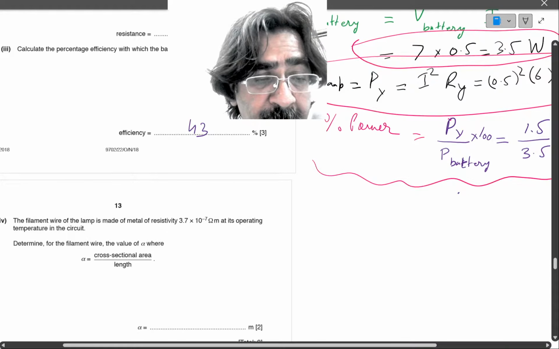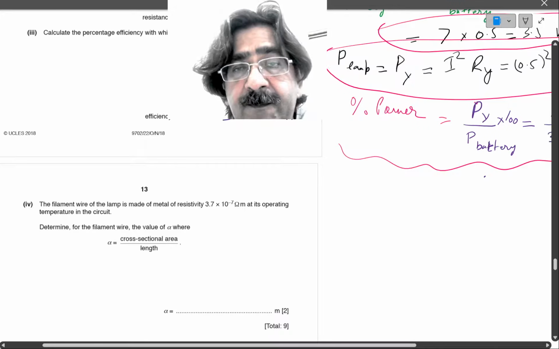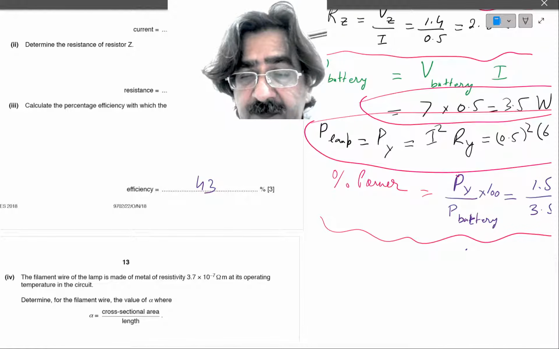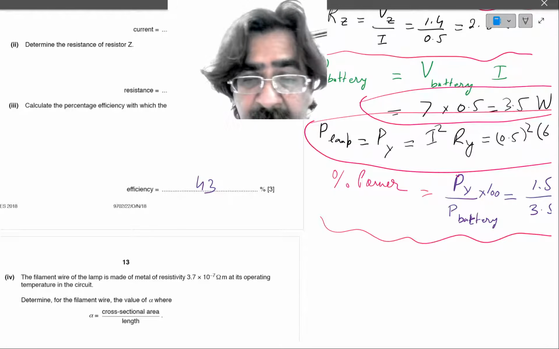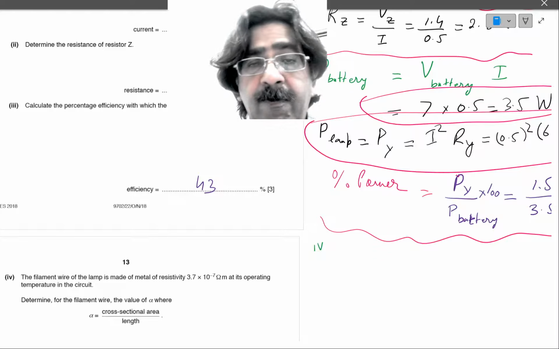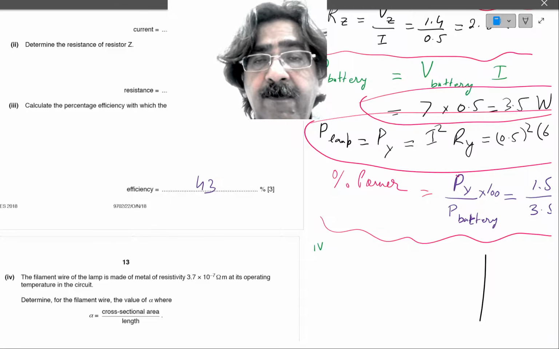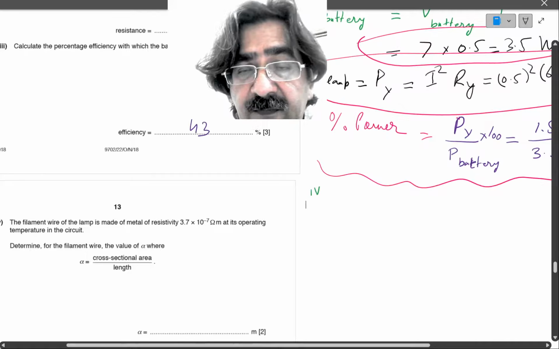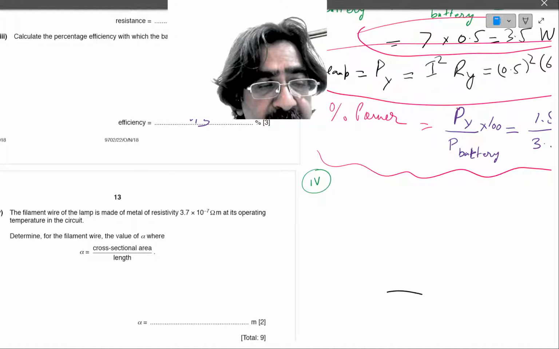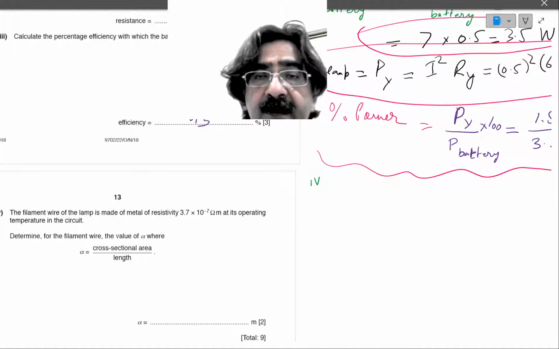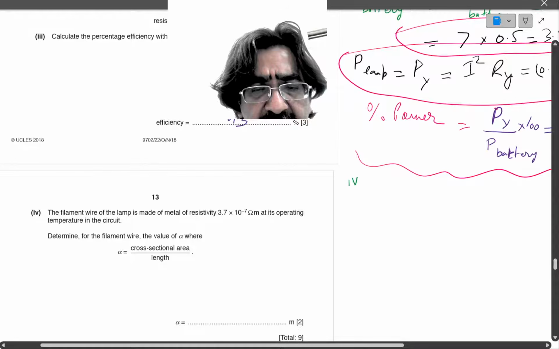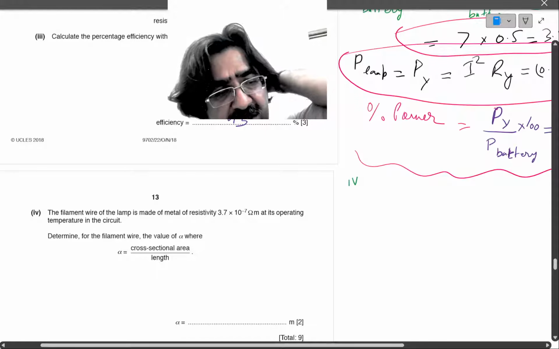Next is the fourth part, the filament. The filament wire of the lamp is made of a material whose resistivity is given at the operating temperature in the circuit.